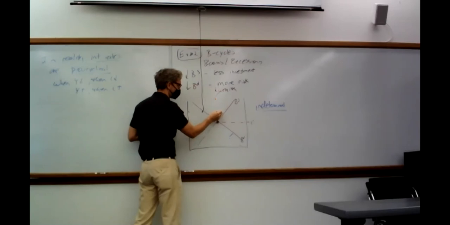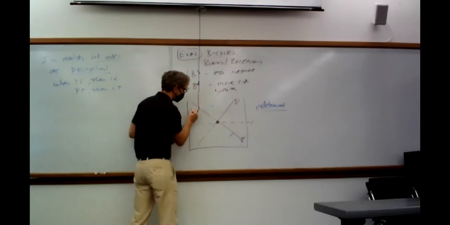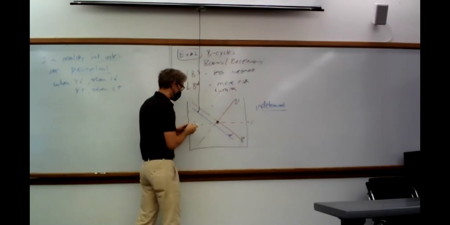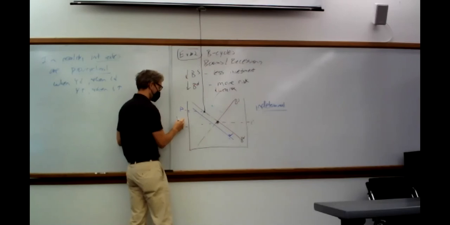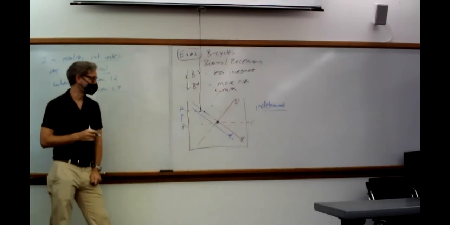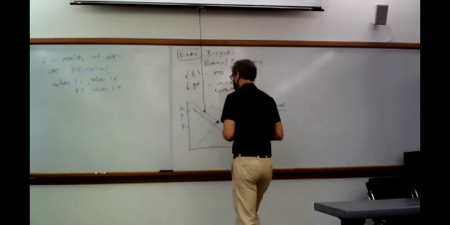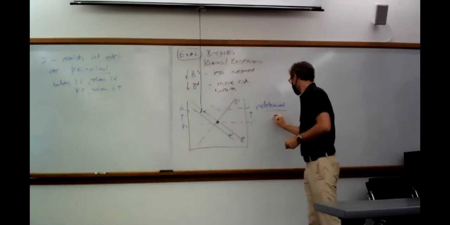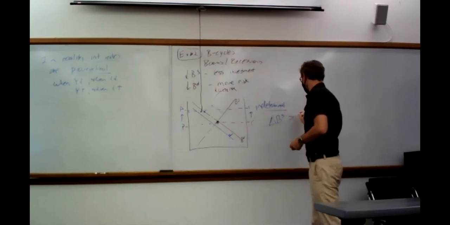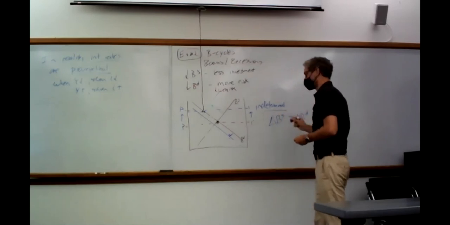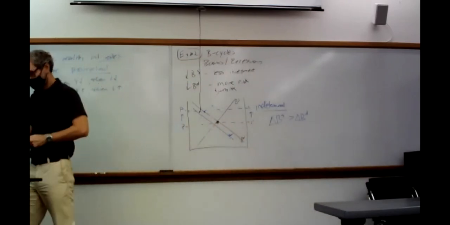Bond supply falls a lot relative to bond demand. So where do we end up? We end up at this place where prices go up and yields go down. In other words, the change in bond supply is bigger than the change in bond demand. That's how we explain what we observe in reality.